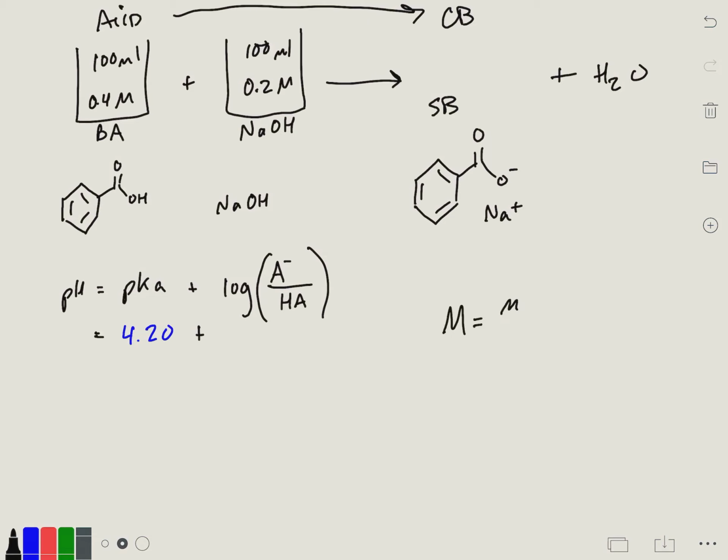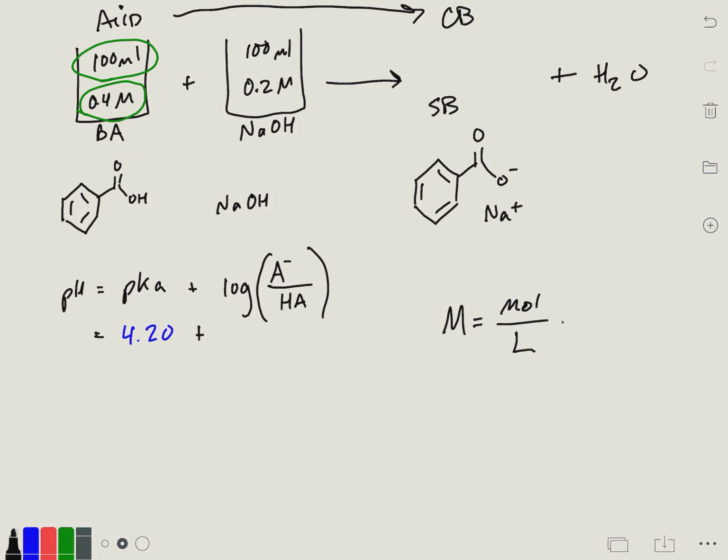Molarity equals moles over liters. And we can use the fact that we know, let me circle it here, we know the molarity and we know the volume of both of these. Okay, so I'm going to do a real quick calculation here on my calculator on my phone, since I didn't grab my calculator.